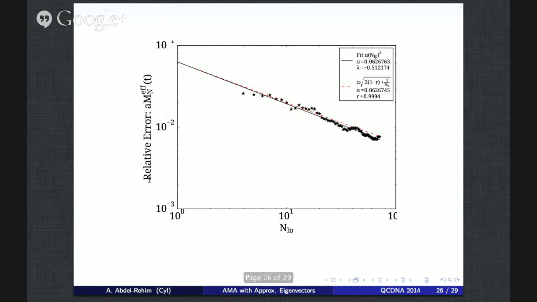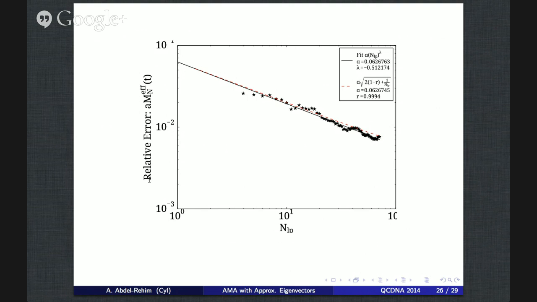The final plot we look at is how the improved error in our improved estimator behaves as a function of the number of low precision solves. As we said, ideally this will go like 1 over the square root of the number of low precision solves.